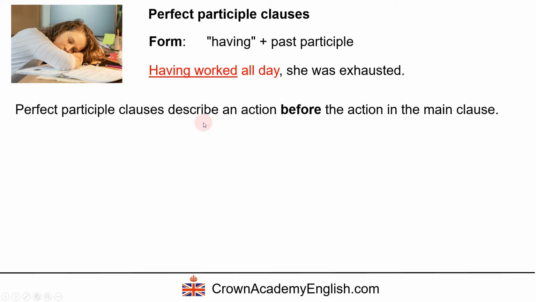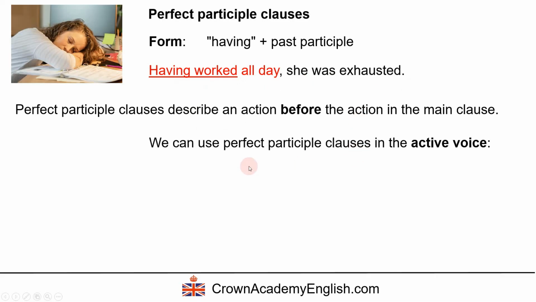Okay, so we use this to describe two actions that happened, and this one happened before this action. Okay, and we can use perfect participle clauses in the active voice and also the passive voice. So first, let us look at the active voice.